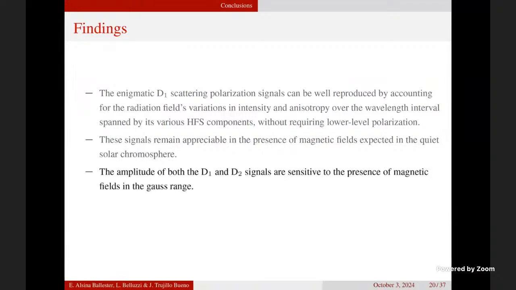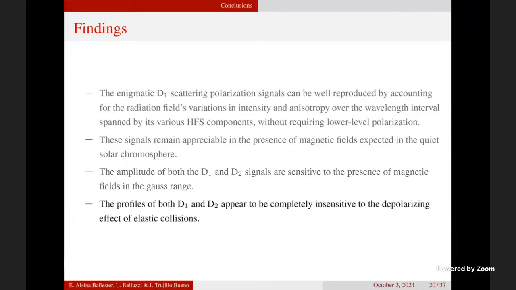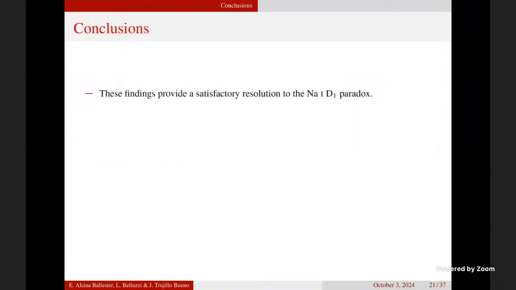And both the D1 and D2 lines are sensitive to the presence of Gauss strength magnetic fields, although sensitive in different degrees and to different extents. The profiles of both D1 and D2 appear to be completely insensitive to the depolarizing effect of elastic collisions.